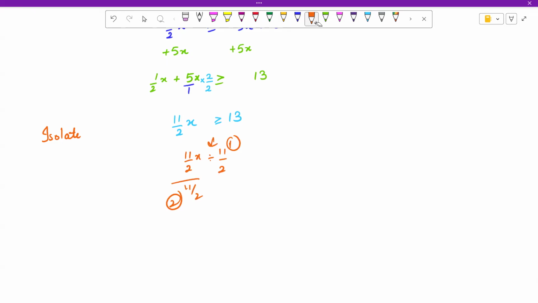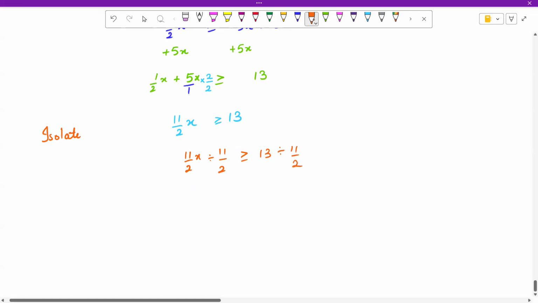First way. Okay. So we are dividing this, and this is greater than or equal to 13 divided by 11 over 2. Just remember, we are not writing 11 over 2 only here. If we write it on the left side, we will have to write it on the right side too. Otherwise, the answer will be wrong.